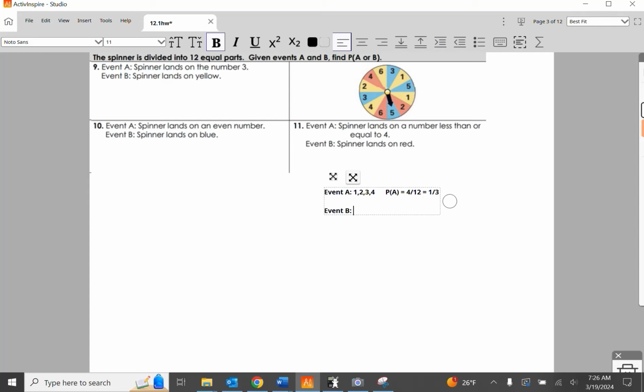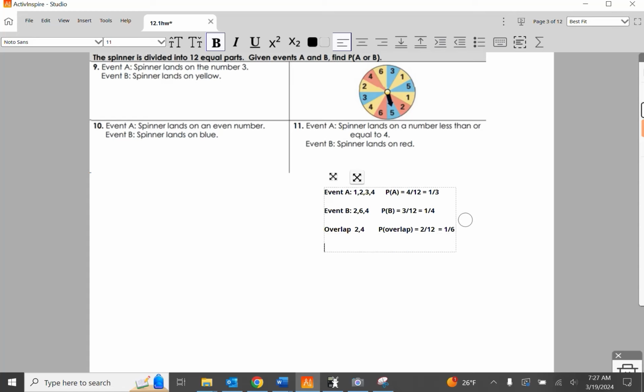Event B is the spinner lands on red, and I see three things. I see a 2, I see a 6, and I see a 4. And the probability of B is going to be 3 in 12 things, which is 1/4. Now there is overlap. The overlap is the 2 and the 4. So the probability of the overlap here is going to be 2 of 12 things, which is 1/6.